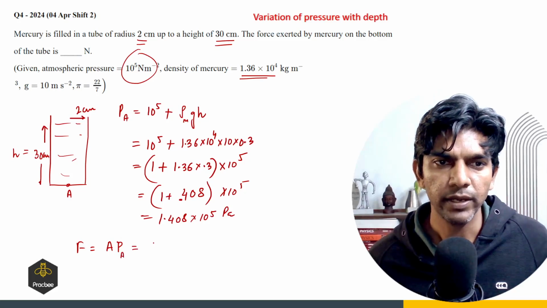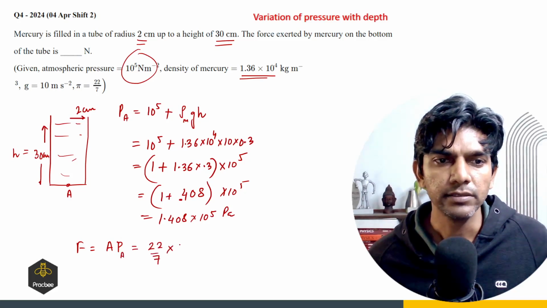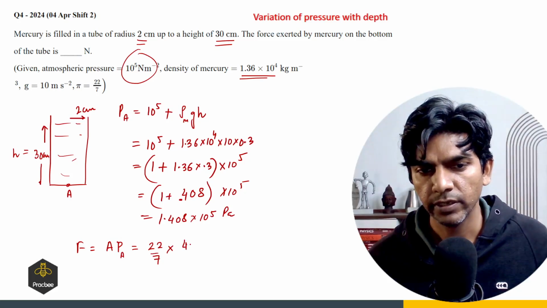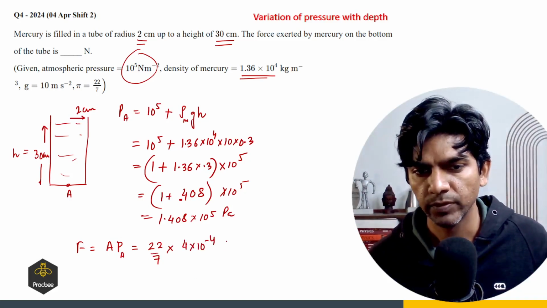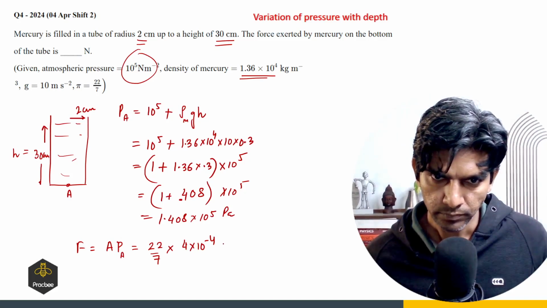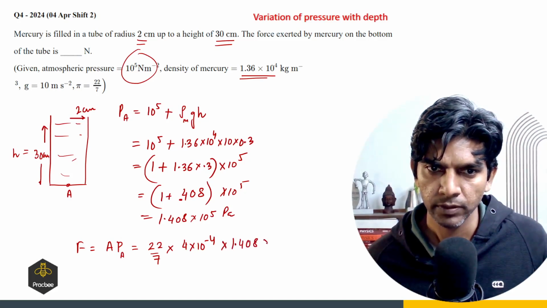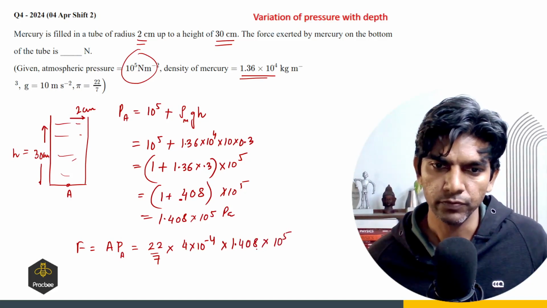Area is pi r square, so it will be 22 by 7, radius is given as 2 centimeters, so 4 into 10 raised to power minus 4, times the pressure, so 1.408 times 10 raised to power 5.